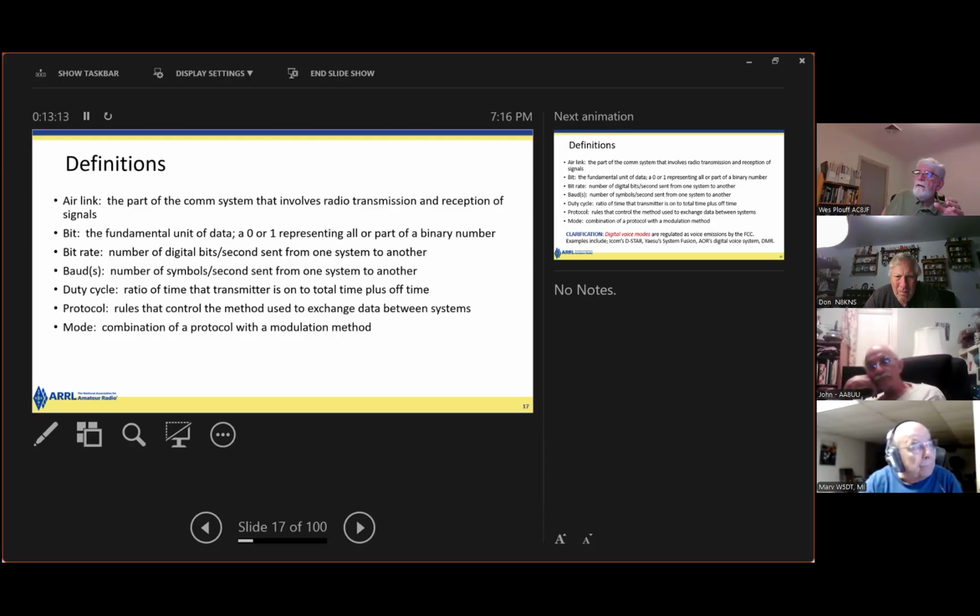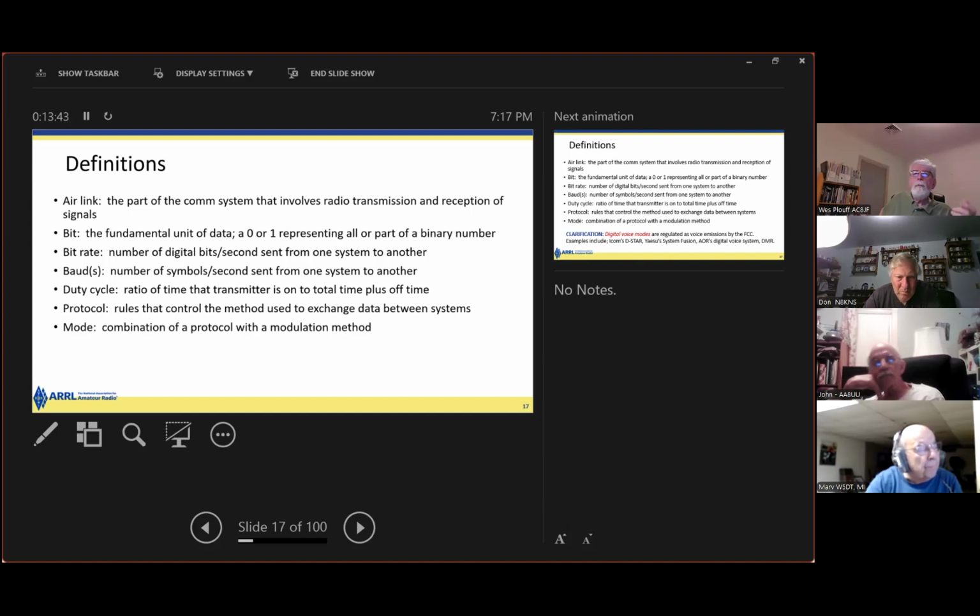So the duty cycle for CW, when you're in a QSO, is generally less than 50%. Most digital protocols, when you're transmitting, the duty cycle is 100%. But given that you're having a back and forth conversation, when you look at it more long term, like minute by minute, again, you're looking at something like 50% duty cycle.